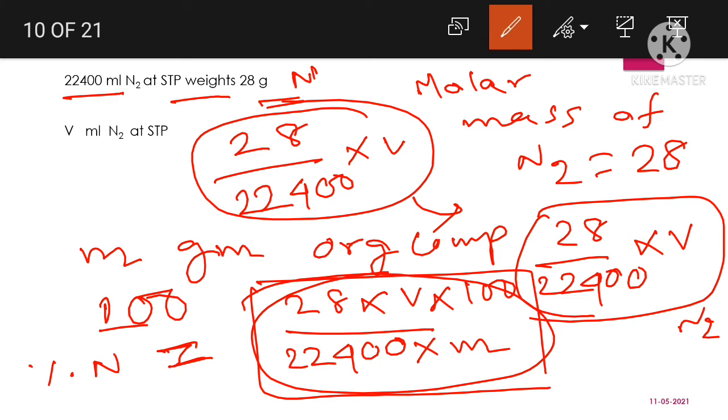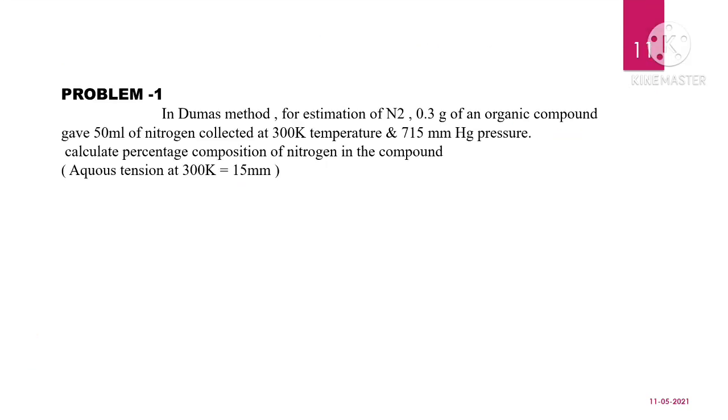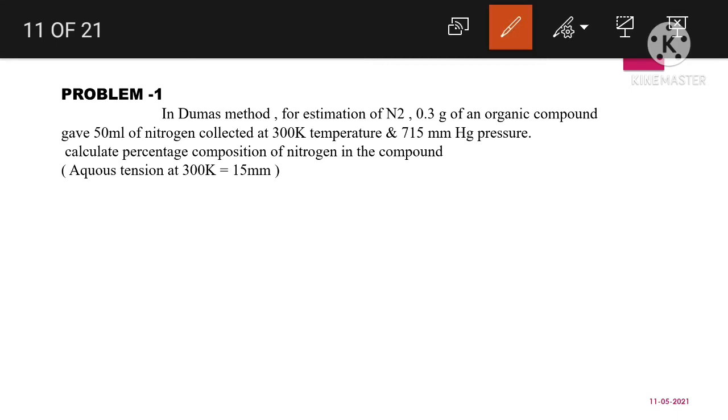Now we will see a numerical example. In the Dumas method for estimation of nitrogen, 0.3 gram of an organic compound gave 50 ml of nitrogen collected at 300 Kelvin temperature and 715 millimeter Hg pressure. Calculate the percentage composition of nitrogen in the compound.